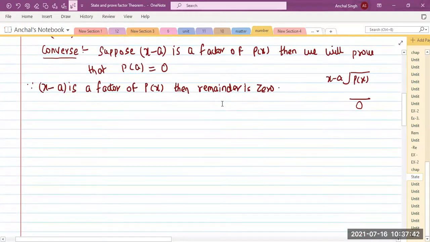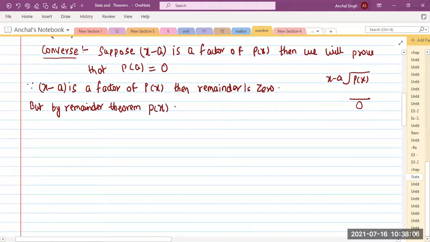So write down now, but by remainder theorem, p(x) when divided by x minus a gives remainder p(a).